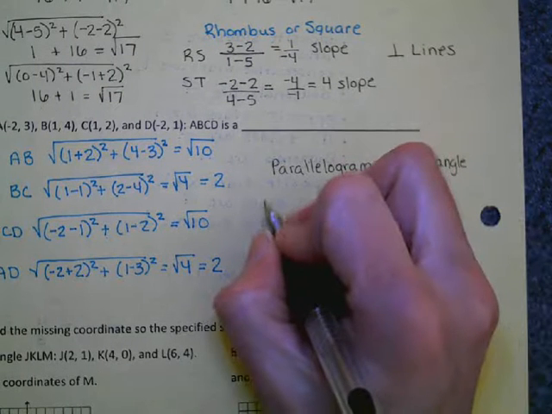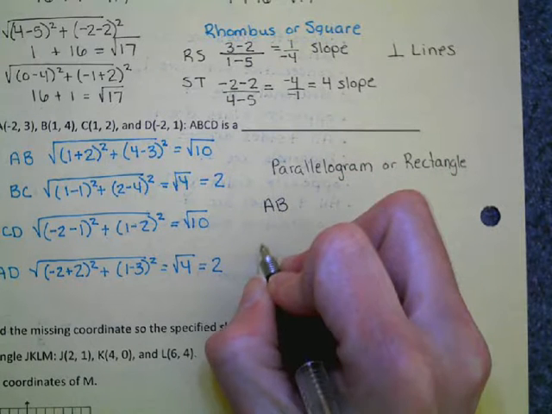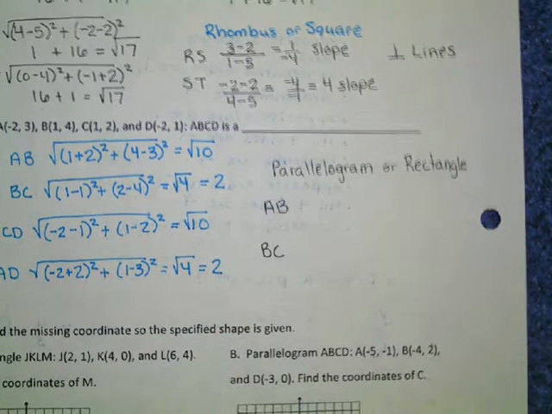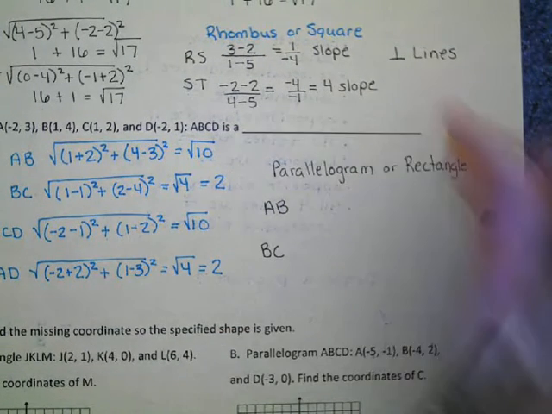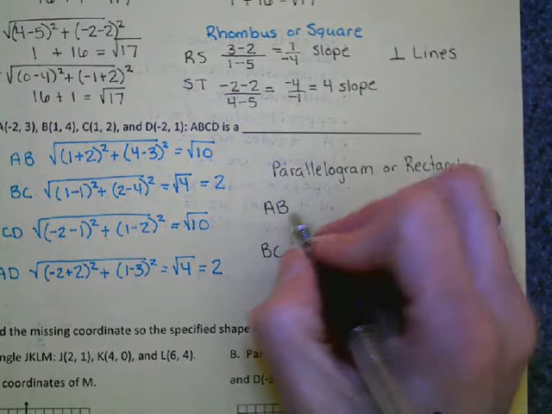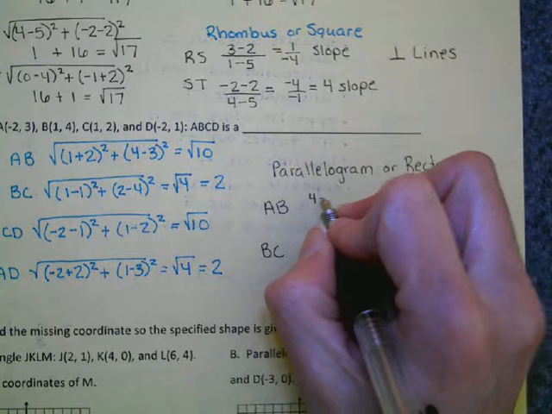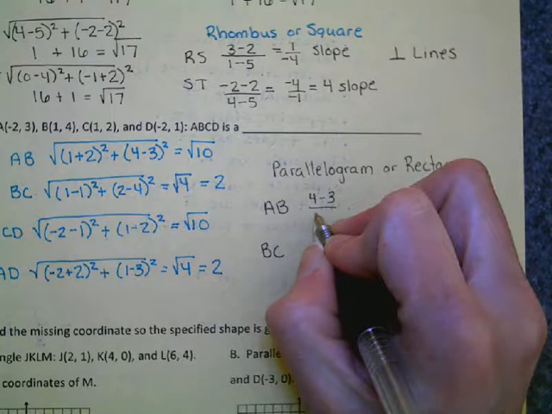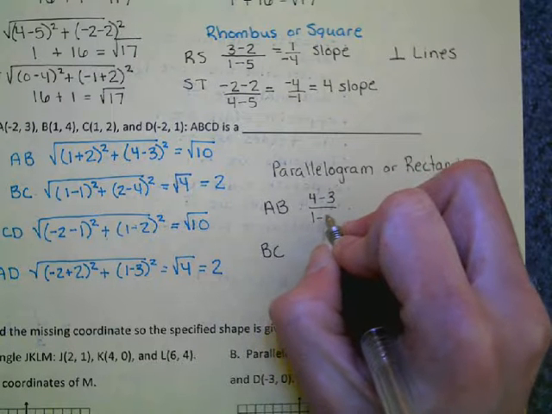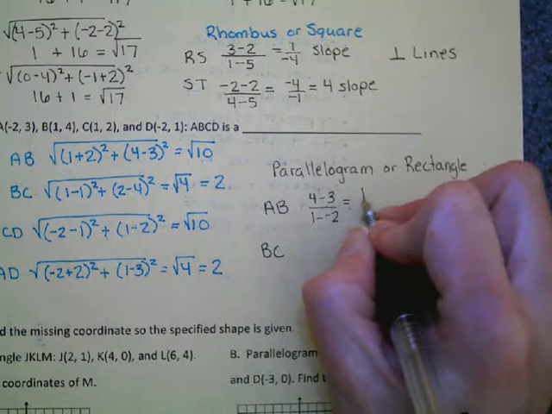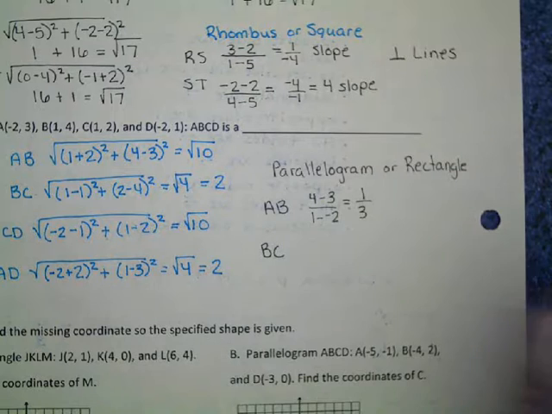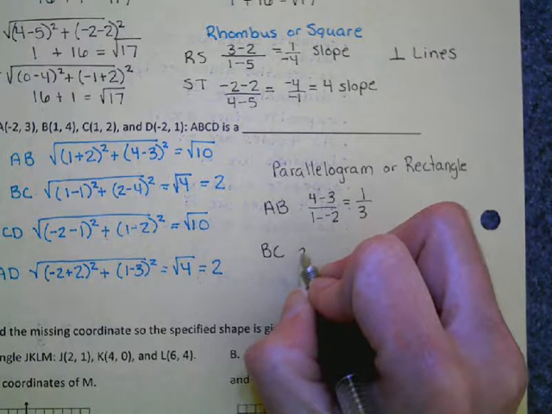So to check that, we're going to find the slope of, let's say, AB and BC. And we're going to check those slopes to see if they are perpendicular or not, like we did on the last one. So the slope of AB, you subtract your y's over your x's. We get 1 over 3.